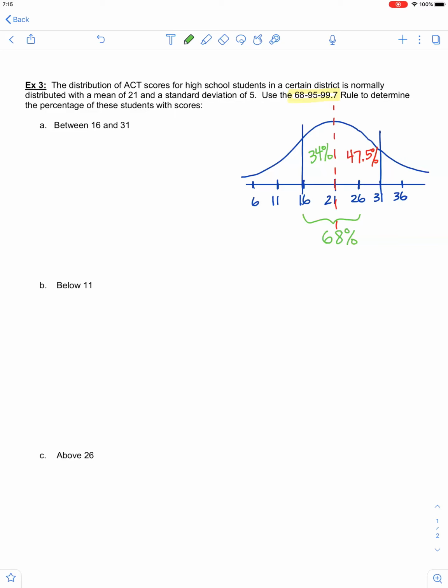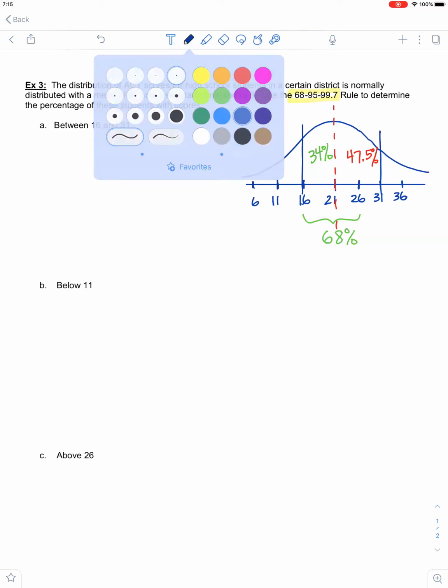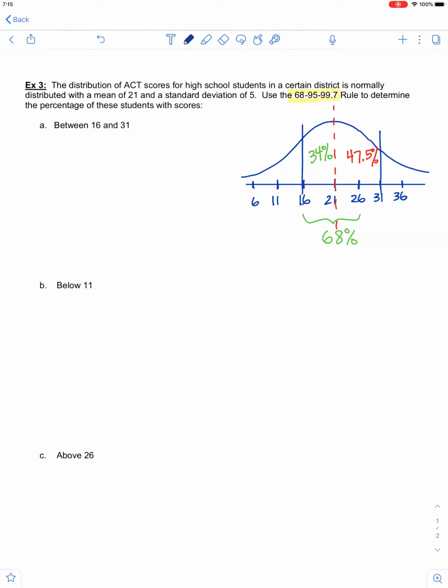And then you can add those percentages together. So from 16 to 31, you're going to have the 34% plus the 47.5%, which gives you 81.5% between those two scores.